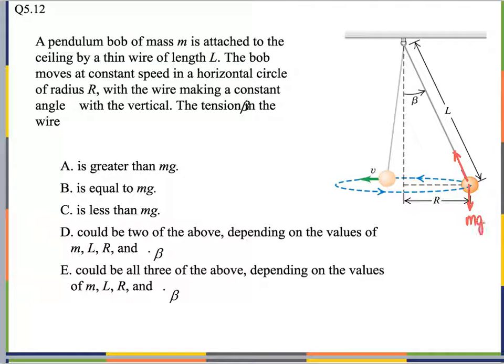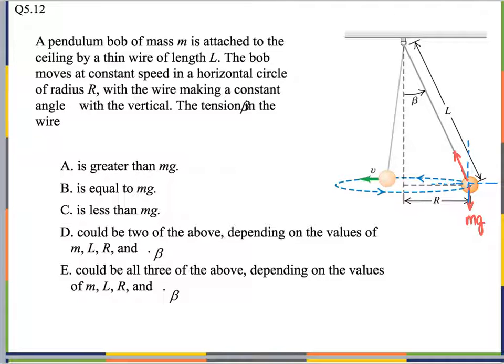We have mg acting down. And so in terms of our directions, what we would normally call our y direction is still vertical, but our x direction really could be considered radial because it goes into the center.